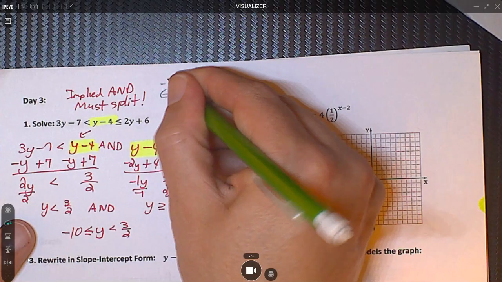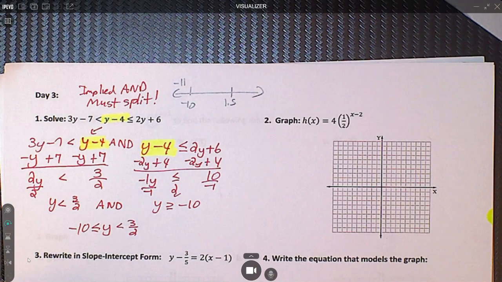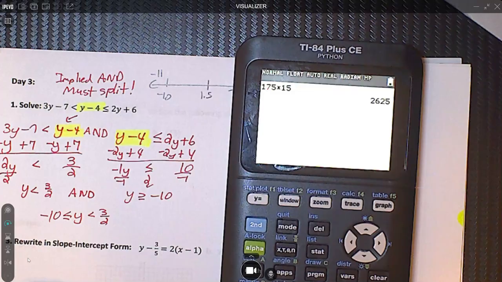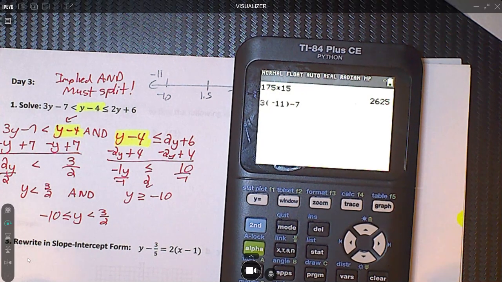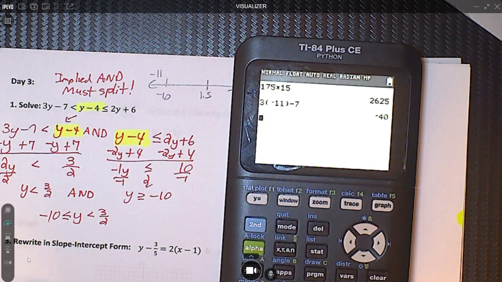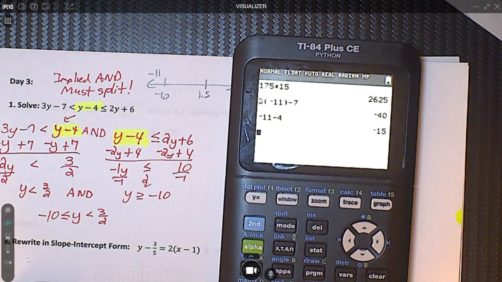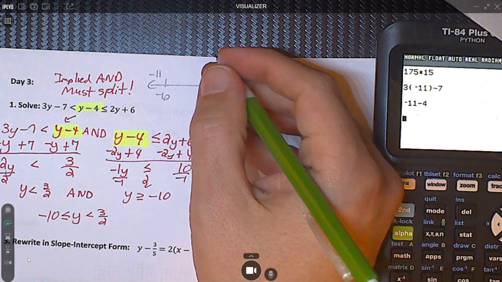so if I pick like negative 11, so negative 40, negative 40 is less than negative 15.